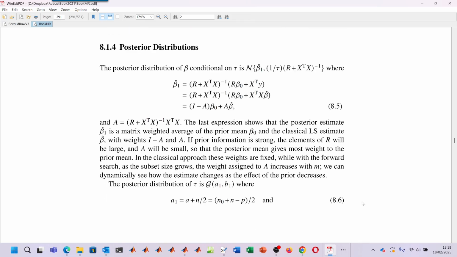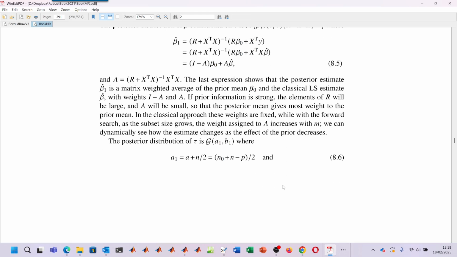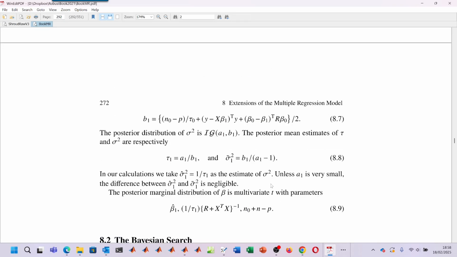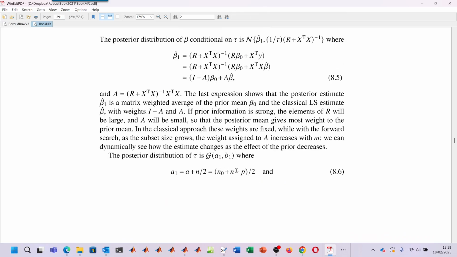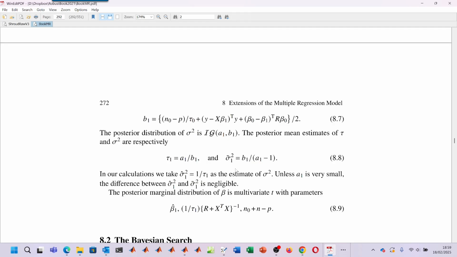The posterior distribution of tau has parameters A1, which is A0 plus n over 2, that is n0 plus n minus p over 2, n0 plus n being the total sample size for the fictitious observations and the true observations. So the posterior distribution for sigma squared is an inverse gamma with the new parameters A1 and B1.